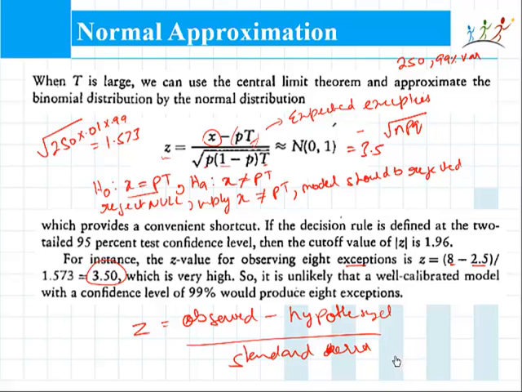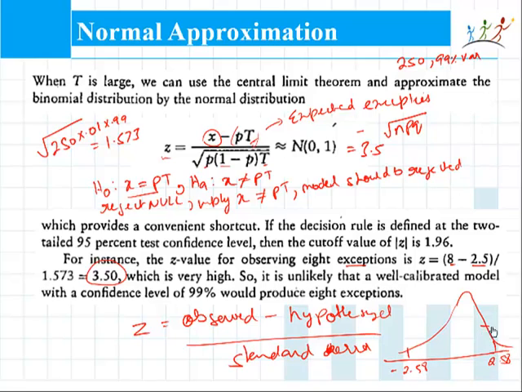And with 99% confidence, or 99% of the times for a two-tailed test, this value should be within minus 2.58 and plus 2.58.